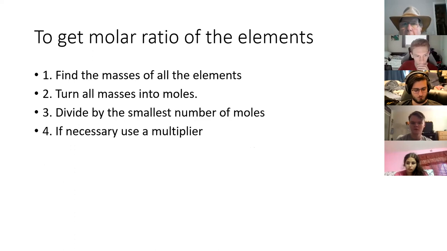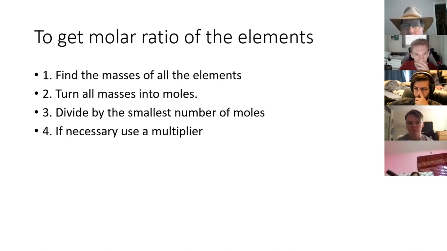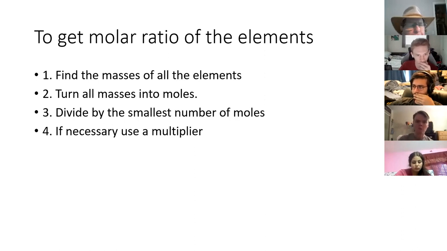So if you're doing an empirical formula problem, any empirical formula problem, I'm going to get to this at 5:30 tonight. The first thing you do, find the masses of all the elements. And that is going to be the hardest job for you to do because everything flows right after that.